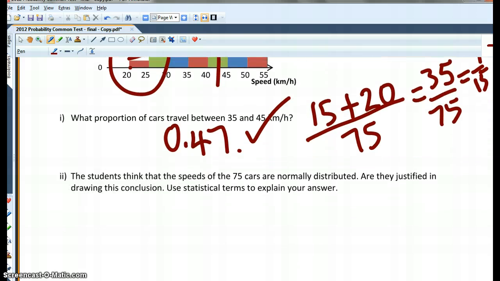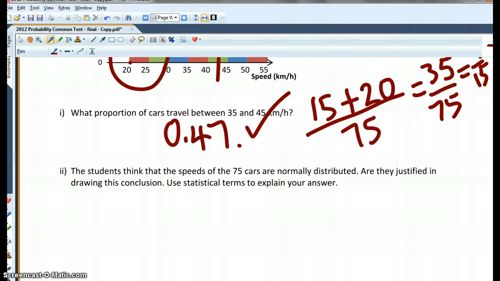So you have to use statistical terms. What the answer schedule says is, if the data was normally distributed, then the mean and the median would be the same. The histogram would be bell-shaped with a symmetrical distribution. 99% of the cars would have speeds between this and that. You don't have to work out that figure, but you can look within 3 standard deviations either side.